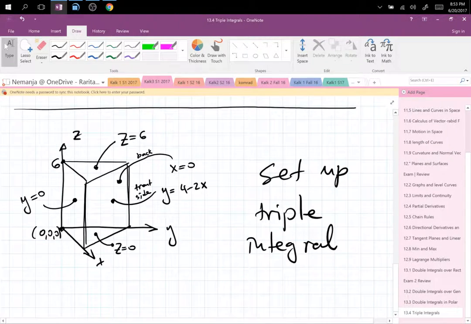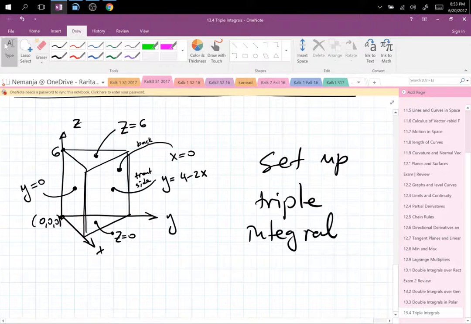So set up a triple integral. Mechanical engineers, there's your life right there. Your job is to set these things up, and the computer will integrate and do other things.